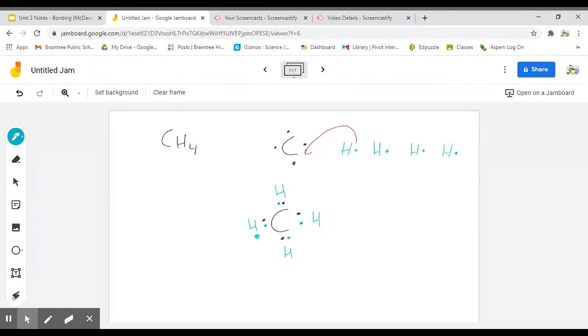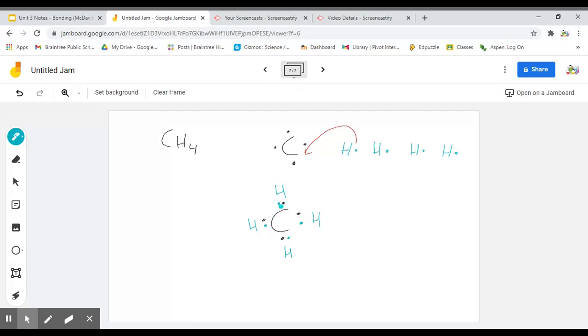For example, this blue electron is coming from that hydrogen. But what we see here is that we're sharing electrons. In this location, there's a black electron and a blue electron. One is from the hydrogen, one's from the carbon, but both the carbon and the hydrogen are now sharing those 2 electrons.